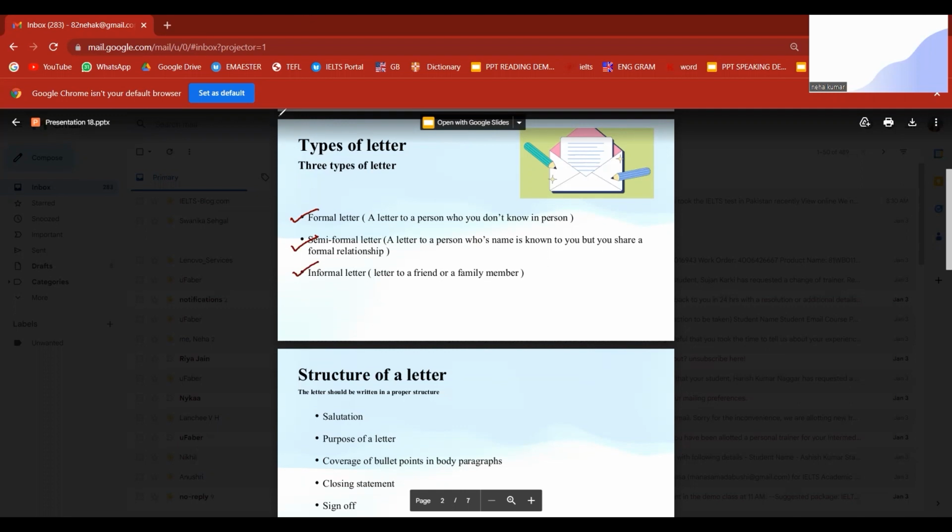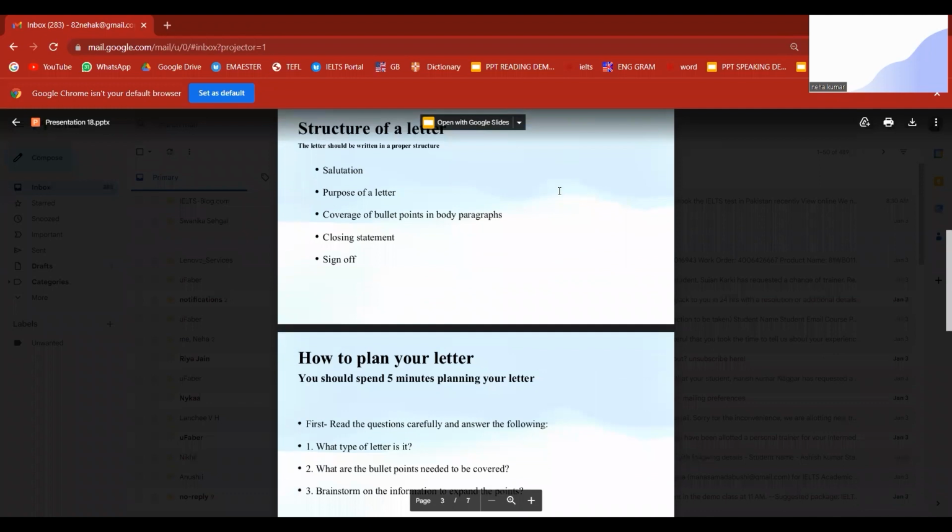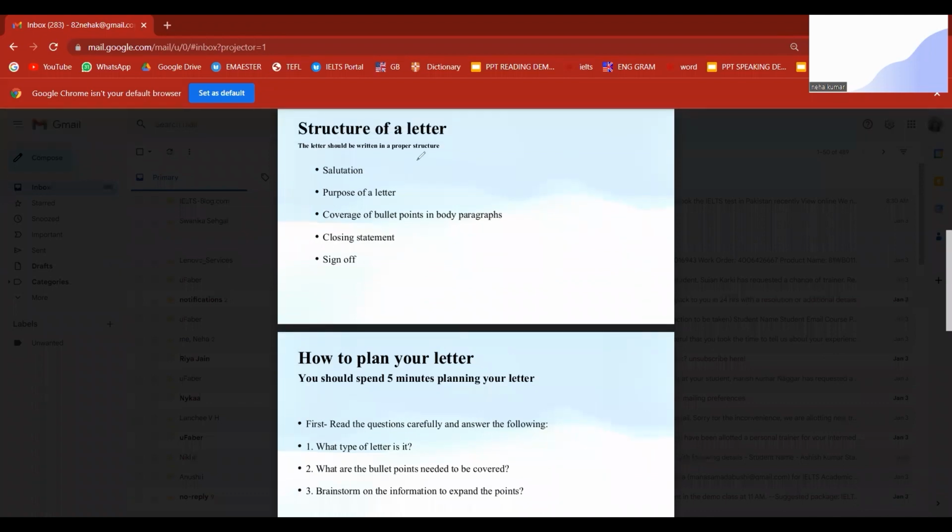Now, let's come to our next topic, which is the structure of letter writing. A letter has a very fixed and defined structure in IELTS. If you need to write a letter, you should know the do's and the don'ts of letters as well. The very first thing that you should remember is that all letters should start with a salutation.